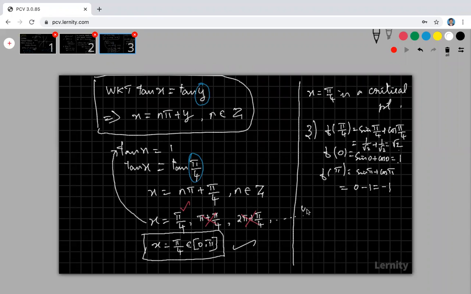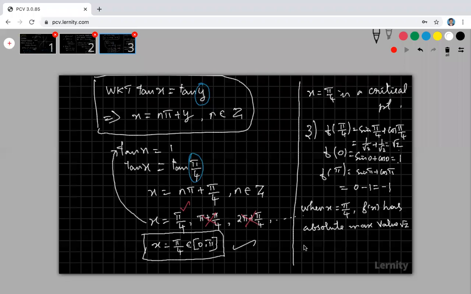Therefore, when x is equal to pi by 4, f attains the absolute maximum value, root 2. Root 2 means 1.4, it is more than 1.